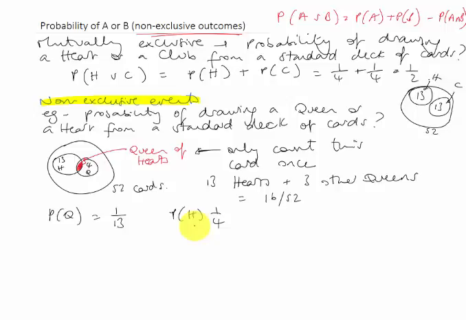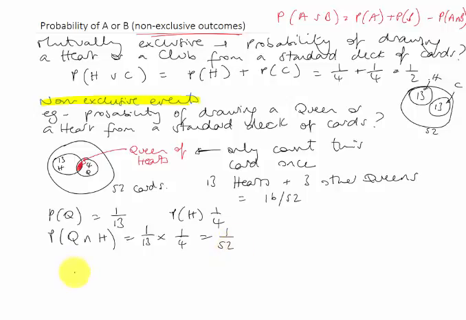So the probability of queen and heart is 1 in 13 times 1/4, which is 1 out of 52.